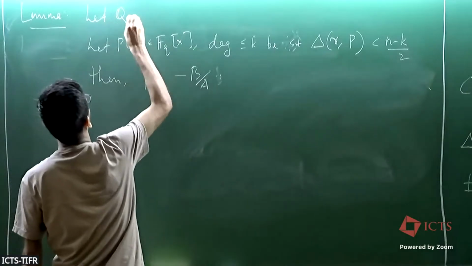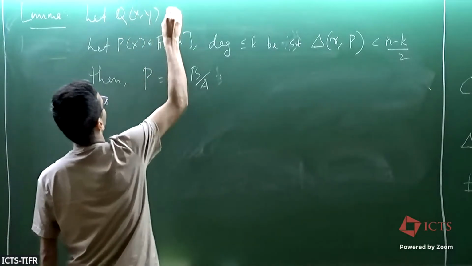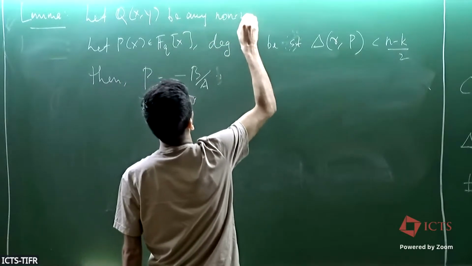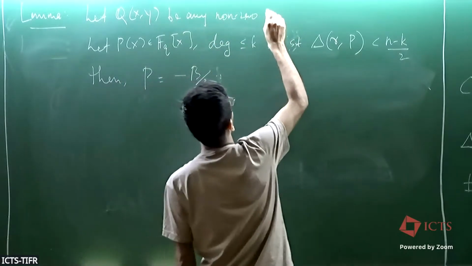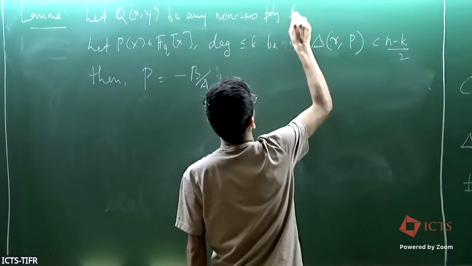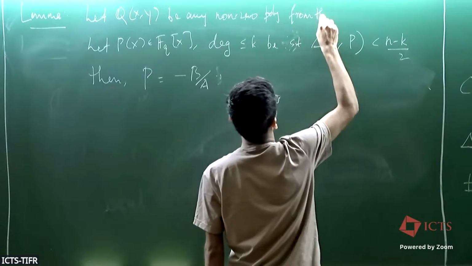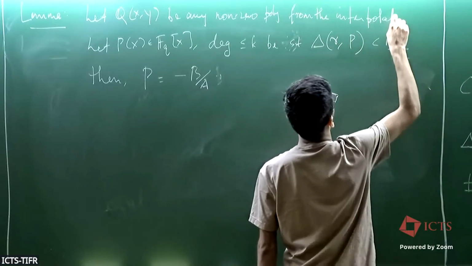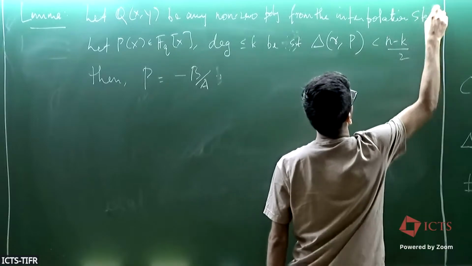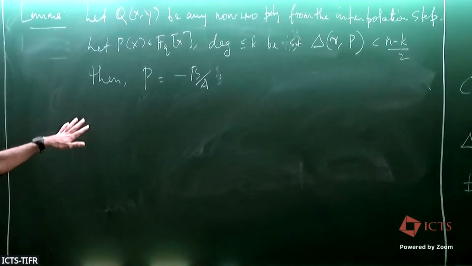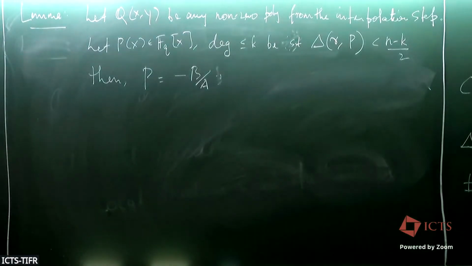Let Q of X, Y be any non-zero polynomial from the interpolation step. Once we prove this, we are done. That proves the correctness of the algorithm.